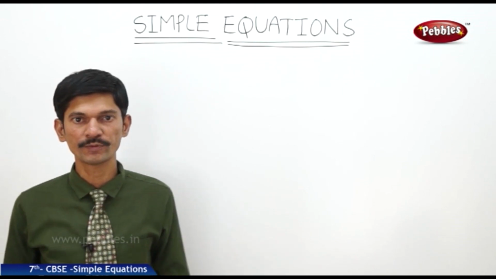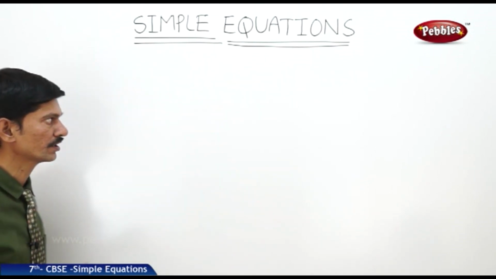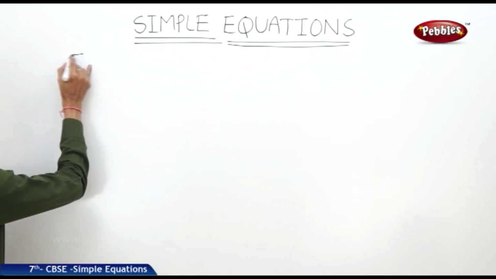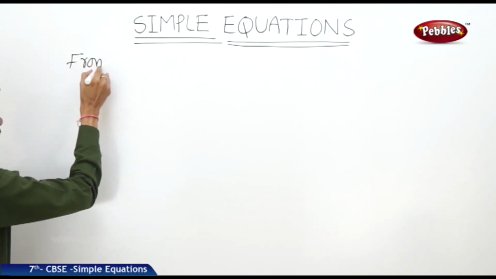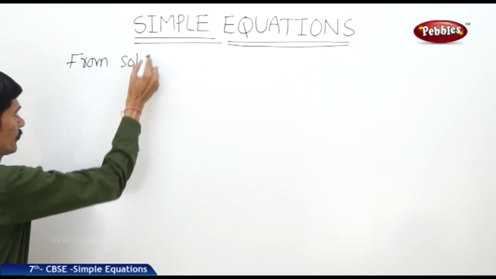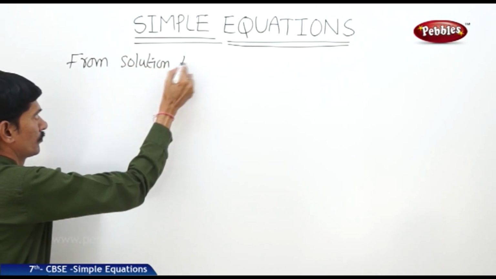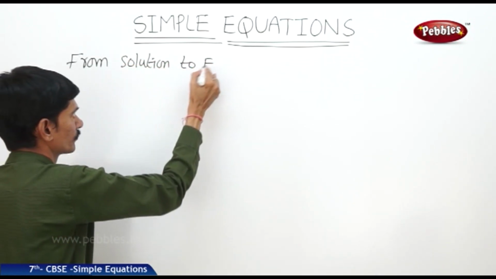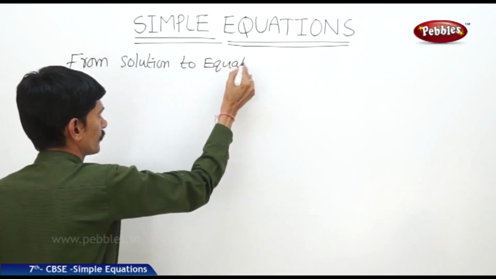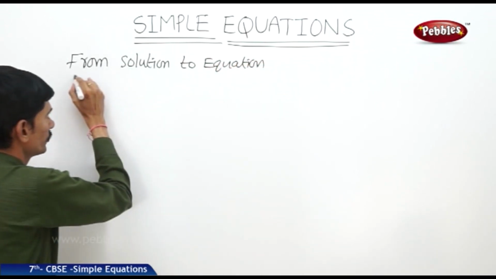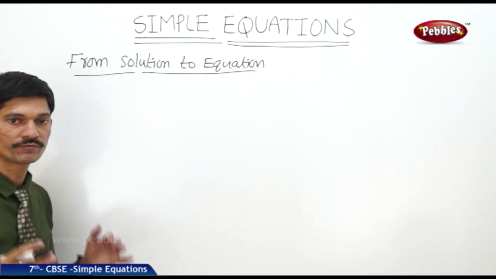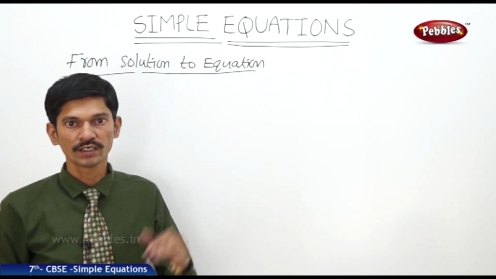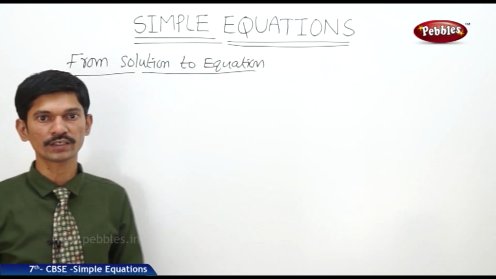Now let us see the next topic, that is from solution to the equation. Now you know how to solve the equation and find the solution. Means if you are given an equation, then you can solve it and find the solution.